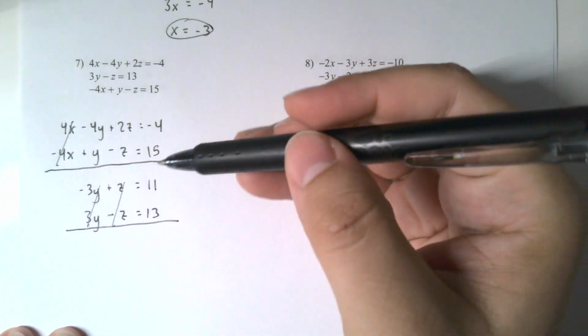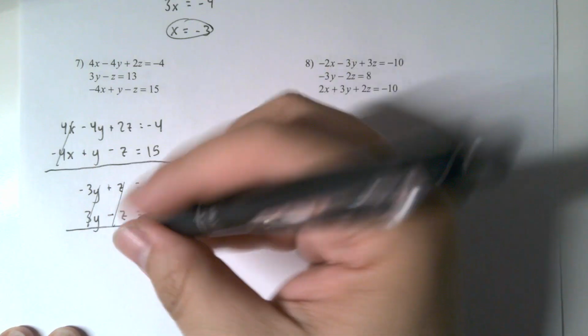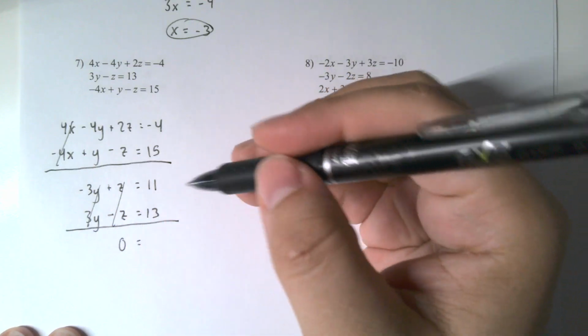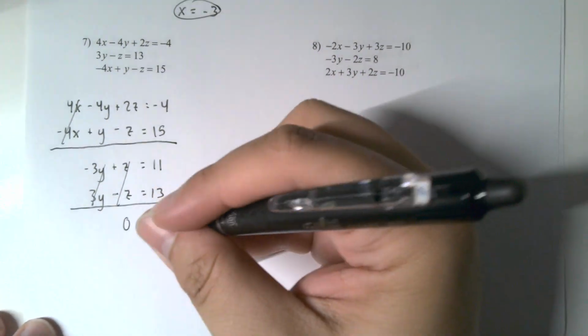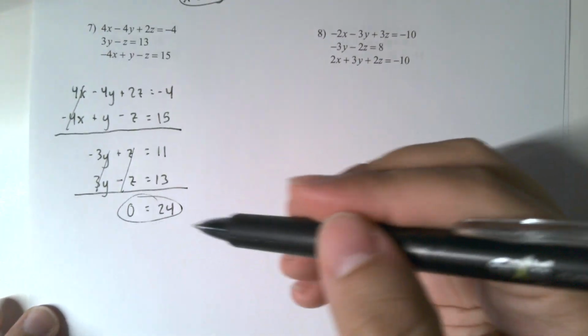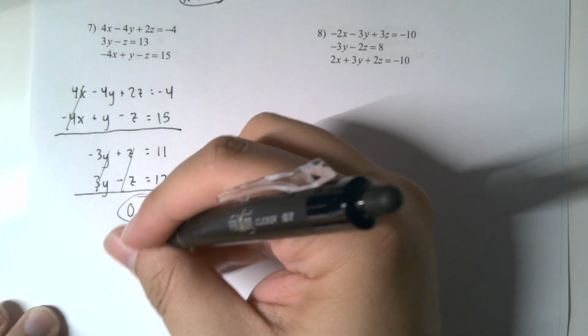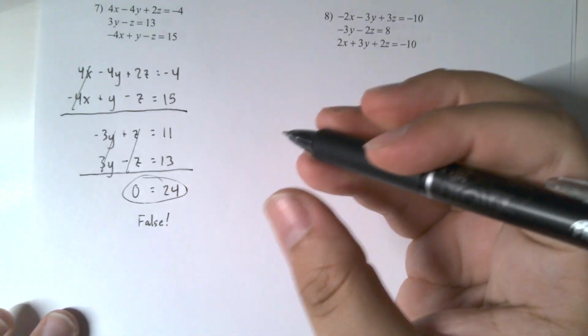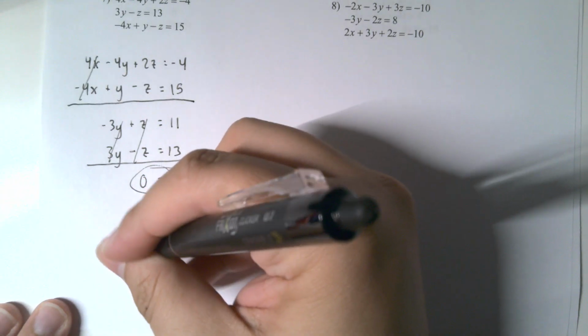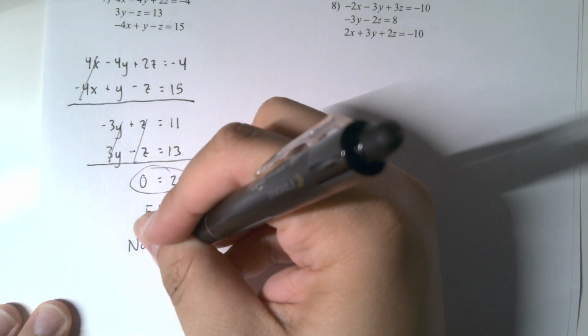So y's and z's cancel. We get 0 out of this. But we also have 11 plus 13, which is going to be 24. And anytime we arrive at a false statement like this, what we call a contradiction, this is going to tell us that we have no solution.